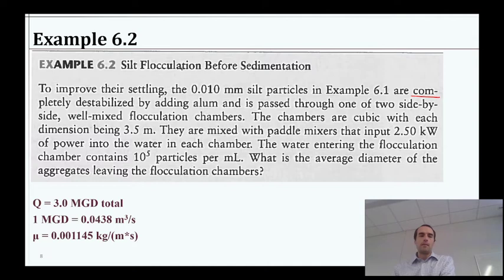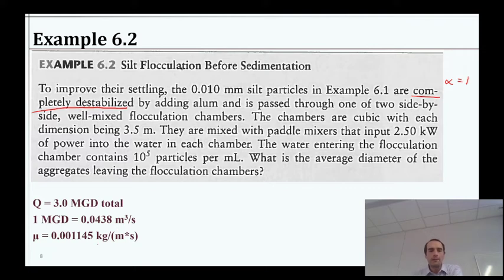So that's telling us that alpha is equal to 1, right? That collision efficiency. That was by adding alum, and it's passed through one of two side-by-side, well-mixed flocculation chambers.